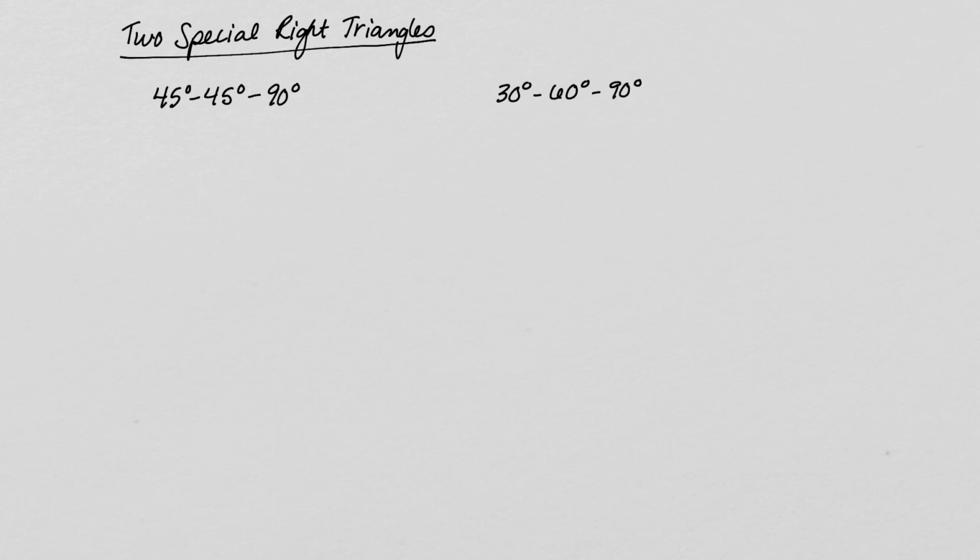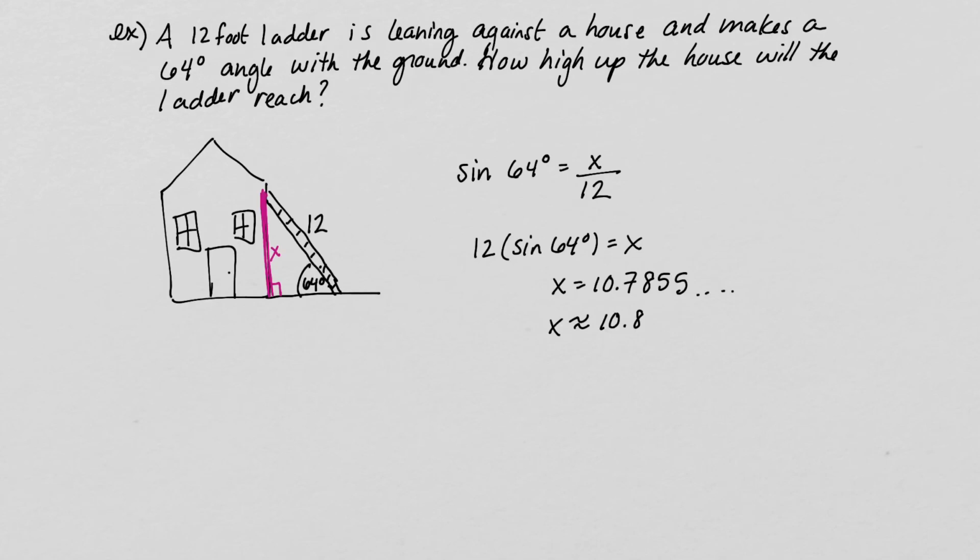So these two triangles, how did we find out how tall the house was? Okay, so let me go back here. I'm not trying to figure out how tall the house was. I'm trying to figure how high up the house the ladder reached. So I'm not necessarily figuring out how tall the house is, just where the top of the ladder is on the house.